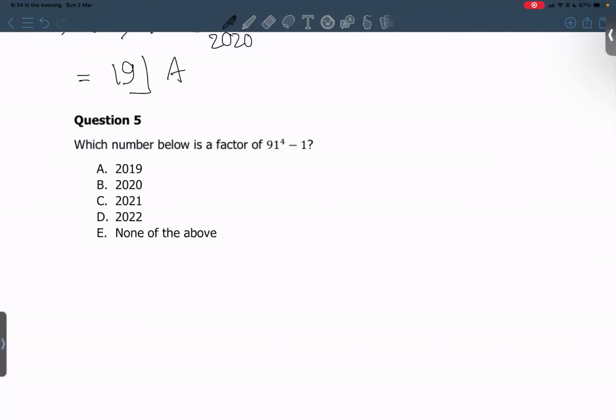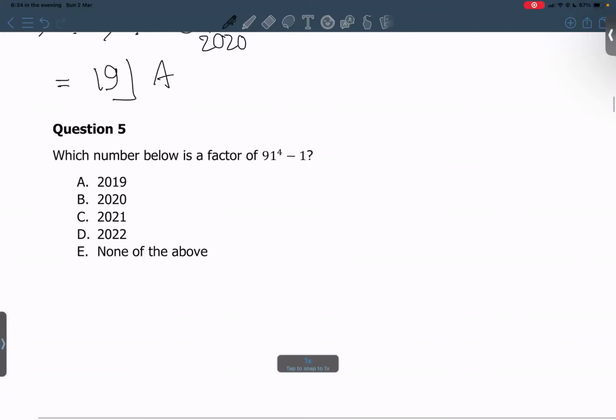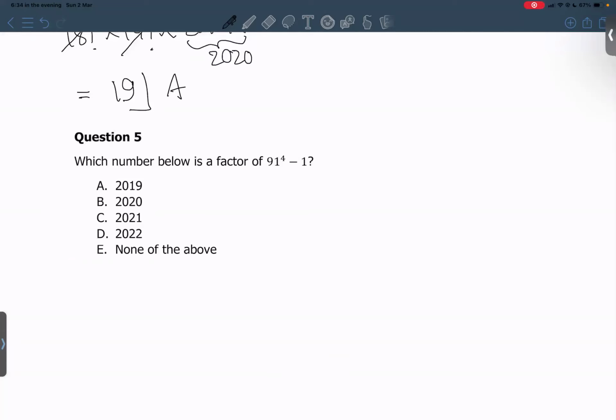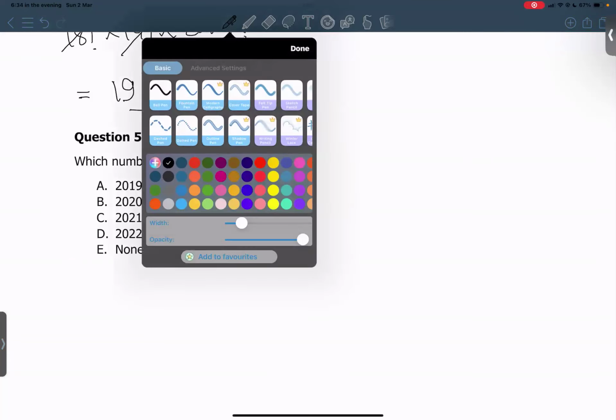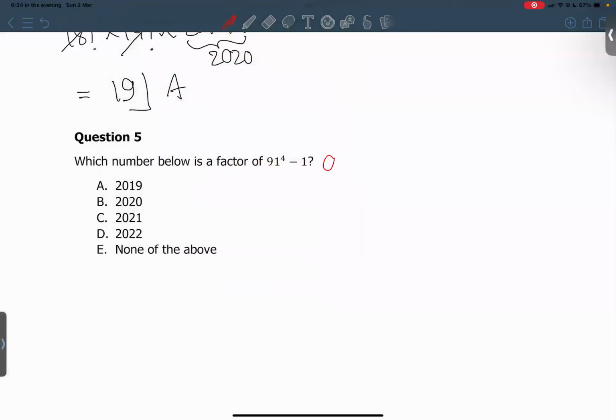Okay, so I suppose everyone has done this a bit, so we can solve this question now. For question 5, they ask which number below is a factor of 91 to the power of 4 minus 1. So in this problem, you need to know a formula, which is a squared minus b squared equals a minus b times a plus b.